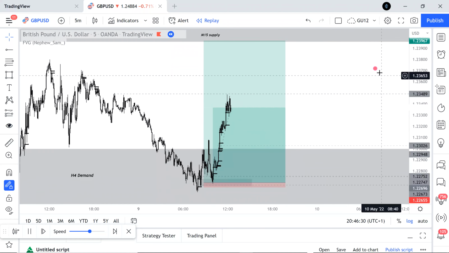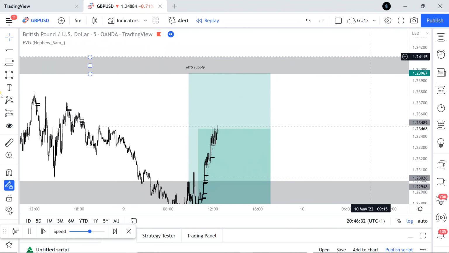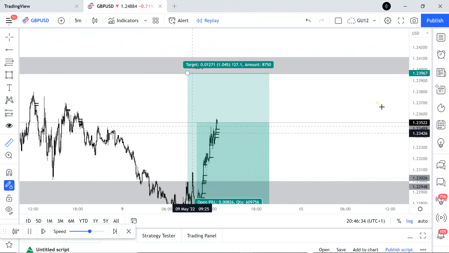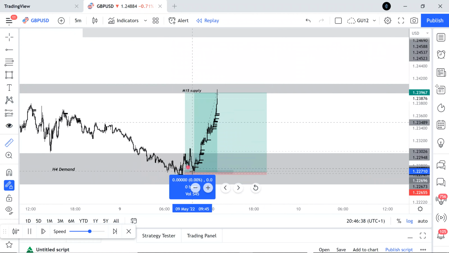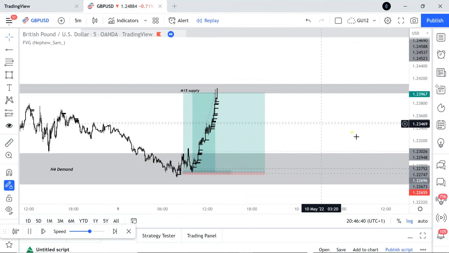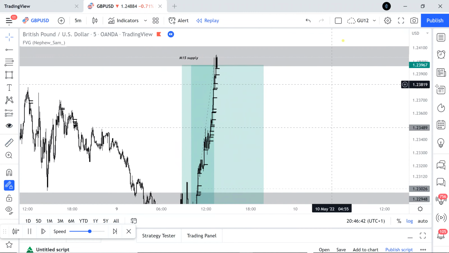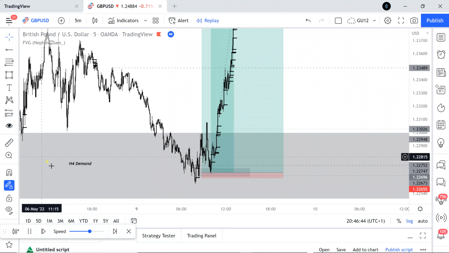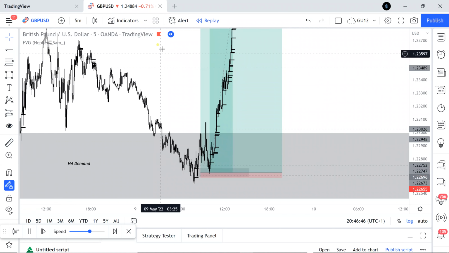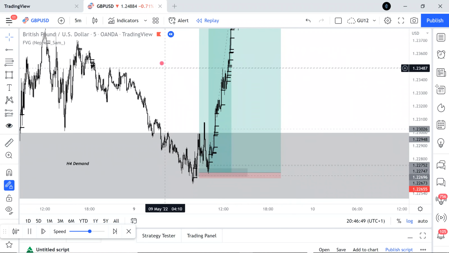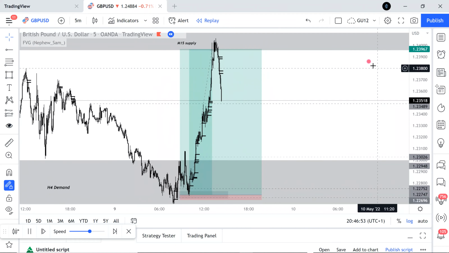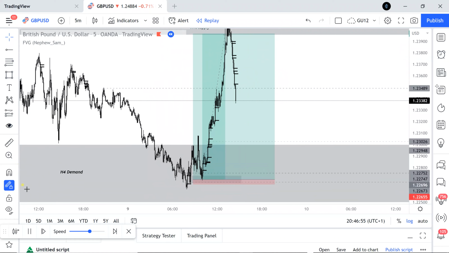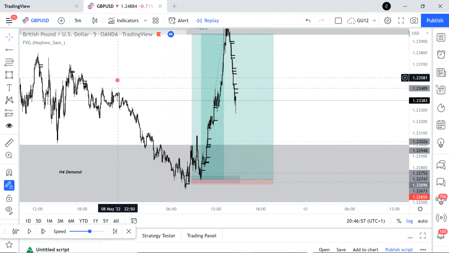You got 70 pips from a 3 pip stop loss, so around about 25R. And if you held, that's 125 pips. This is the kind of trades we're doing. This is the good trade. You're not going to get this every day, but it's an idea of how you can utilize the Asia range in your trading.